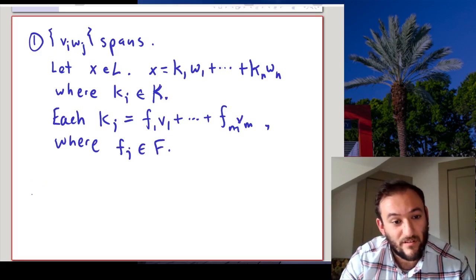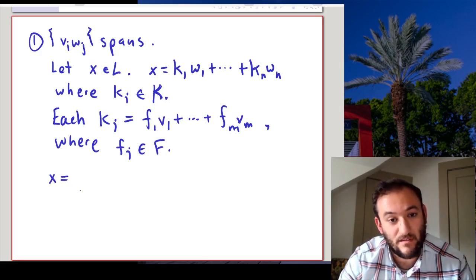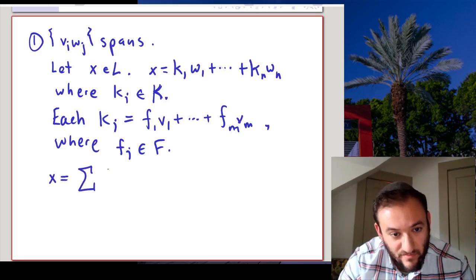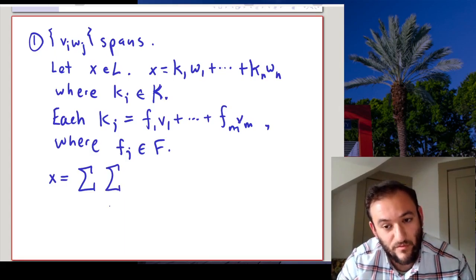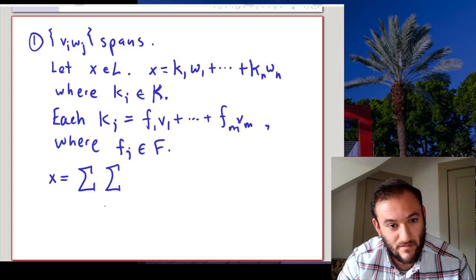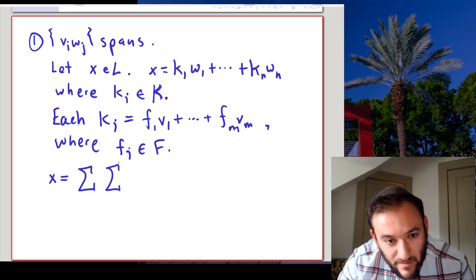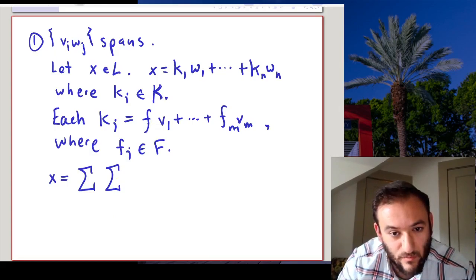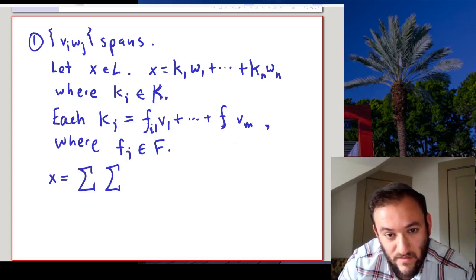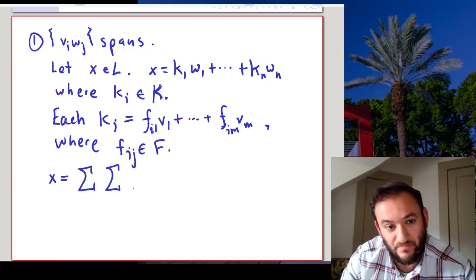So now we have x equals the sum, let's write it this way. It'll be a double sum. Instead of f1, we'll write it fi1, because we're going to have a lot of different ones of these. This will be fim. This will be fij.